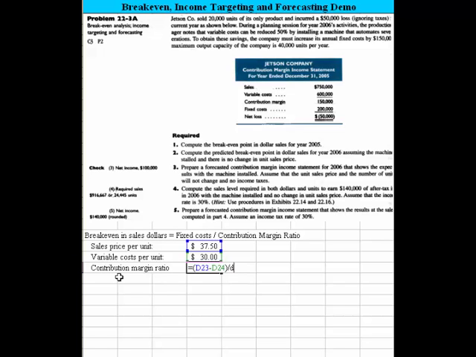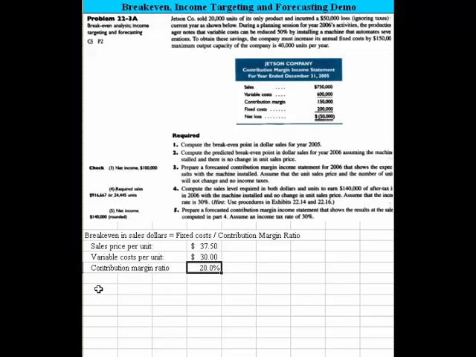So we'll divide it by cell D23, and I know you can't see it's D23, but you'll just have to work with me here, and it's an even 20%. Now we could have computed $7.50 as the contribution margin per unit and then divided 7.50 by 37.50, but I did that in one cell just because we don't have all that much real estate.